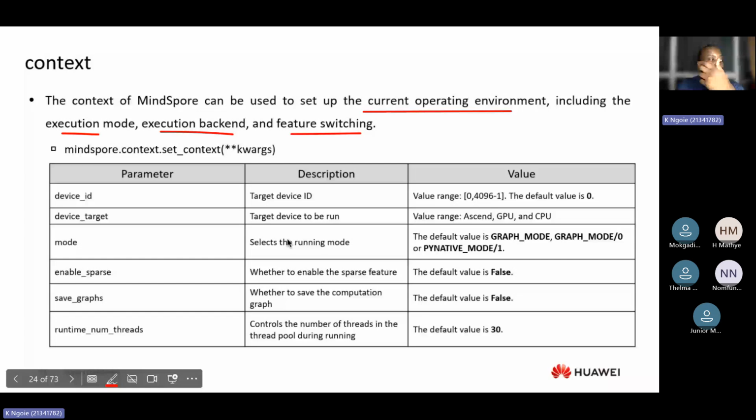Basically, we use the device target as a parameter, and then we can say what we want to use. For example, we want to use the Ascend, GPU, or CPU. So that's how we set that. If we're building the graphs, we can say set graph and all those things. All that information we can set up using this.